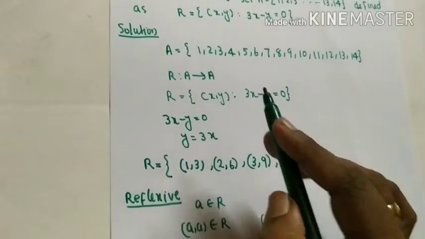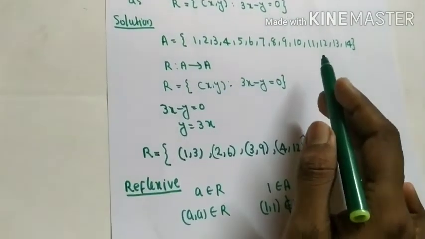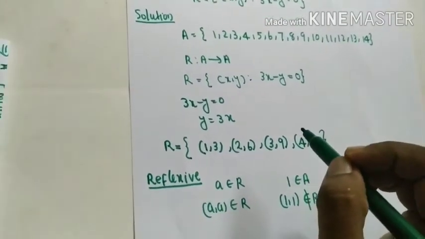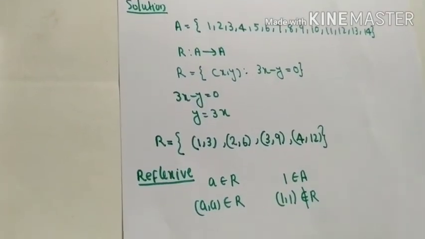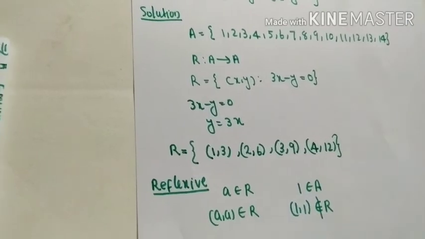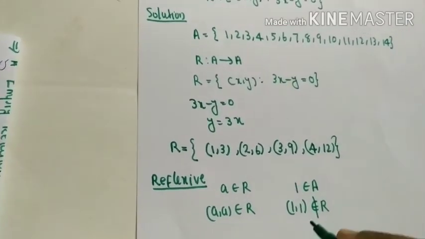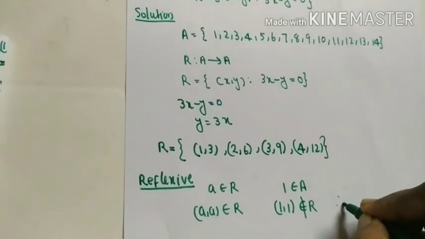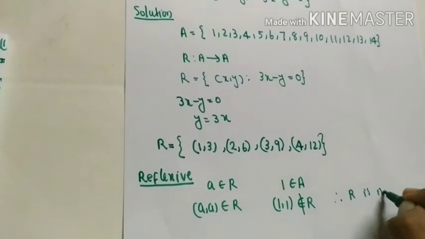Similarly, for any number in set A, we cannot get the ordered pair in our relation. So we can say that the relation is not reflexive.